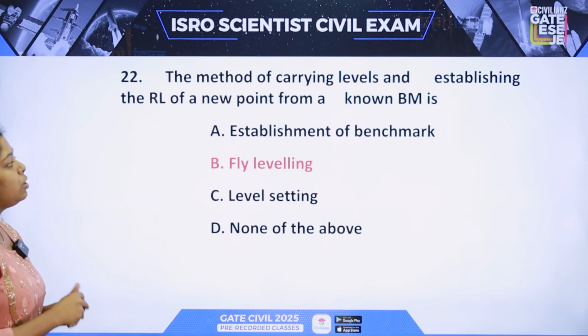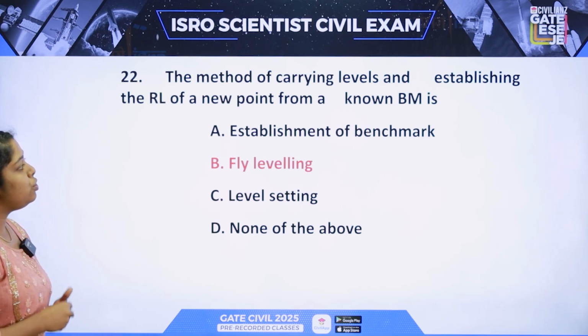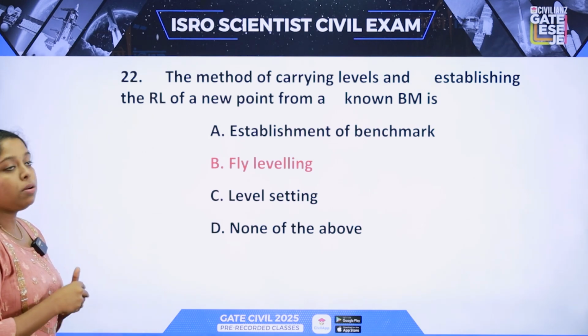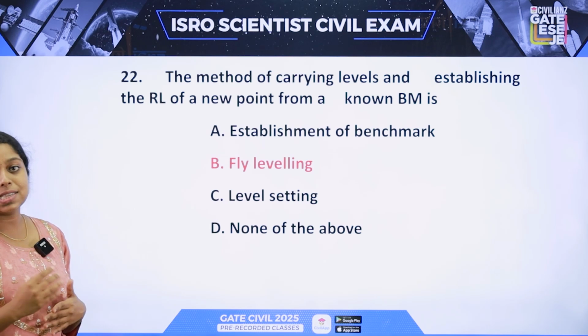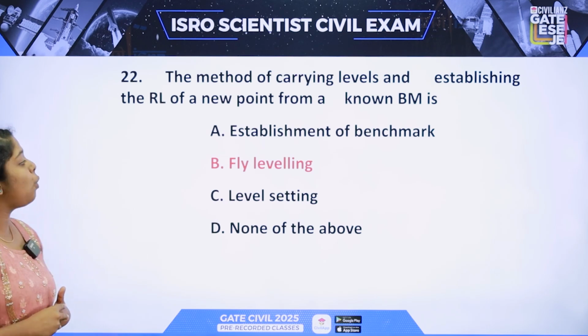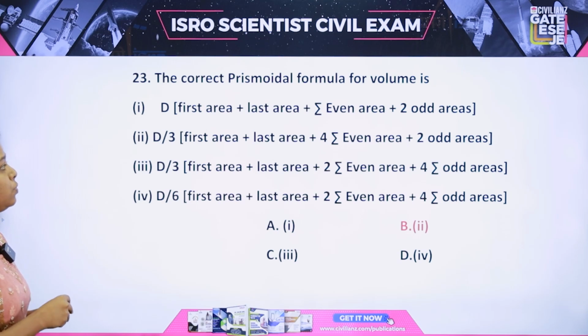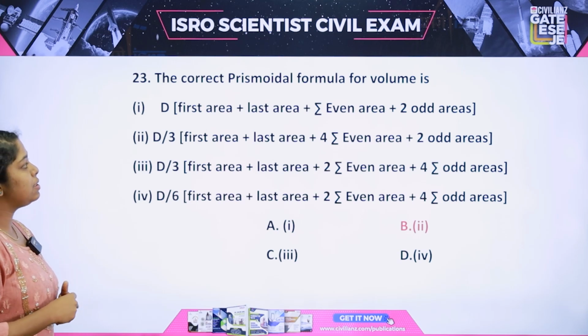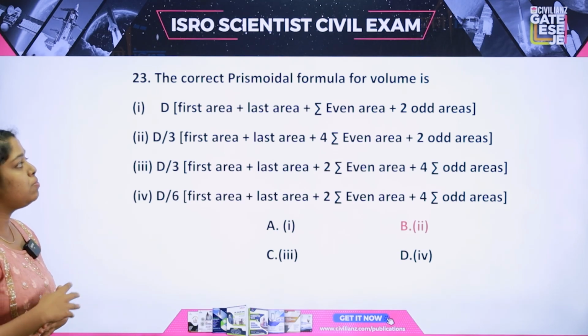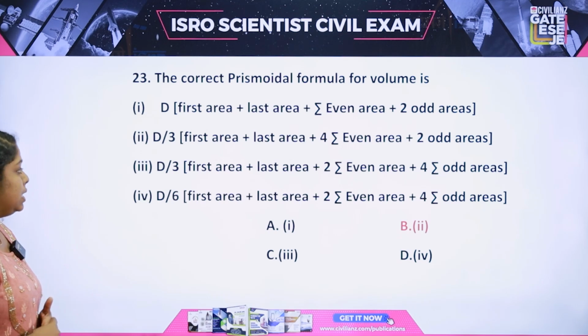Next question is the method of carrying levels and establishing the reduced level of a new point from a non-benchmark is. This is the definition of fly leveling. So option B, fly leveling, is the right answer. Moving on to the 23rd question. The correct prismoidal formula for volume is.